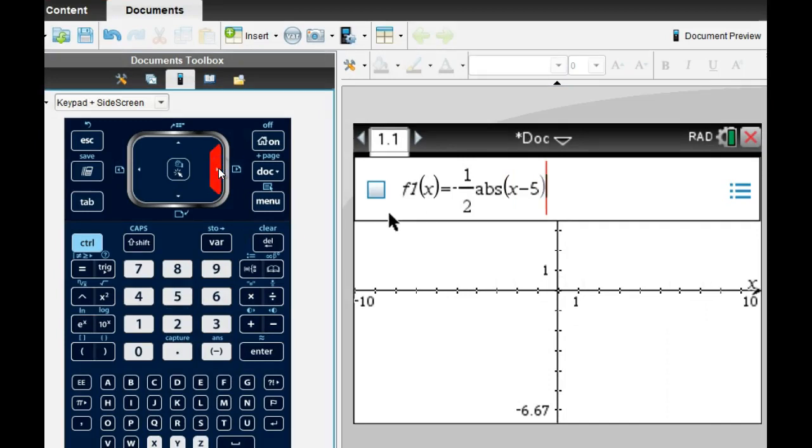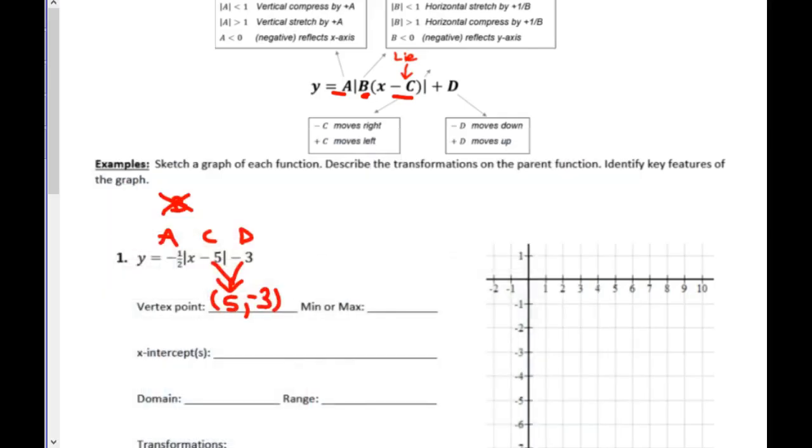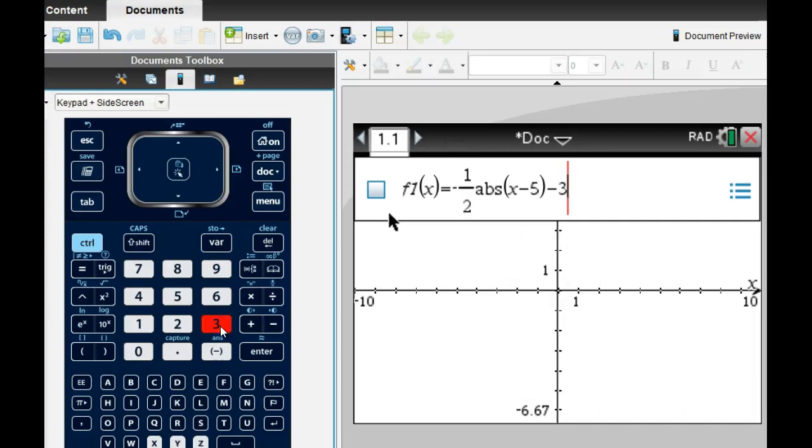Go to the right of the parentheses and press -3. Okay? Make sense or no? But are you writing this down? Let's finish this first one.